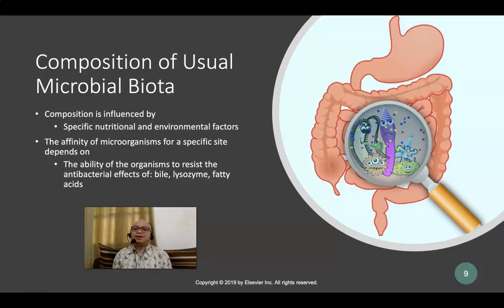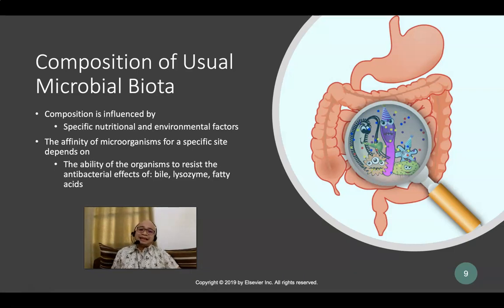What is the composition of the usual microbial biota? The composition of the microbial biota is influenced by specific nutritional and environmental factors. You are what you eat. For example, our gut intestinal microbial flora might be influenced by our diet.